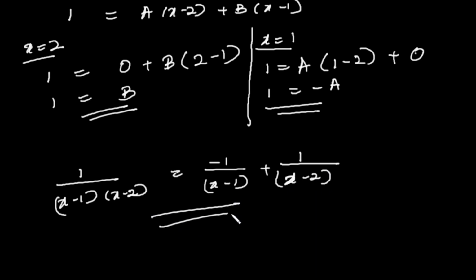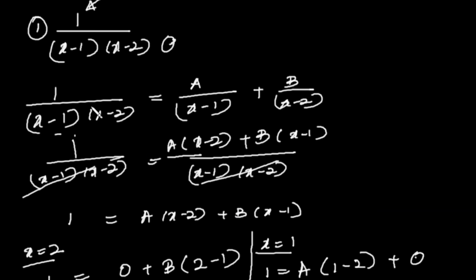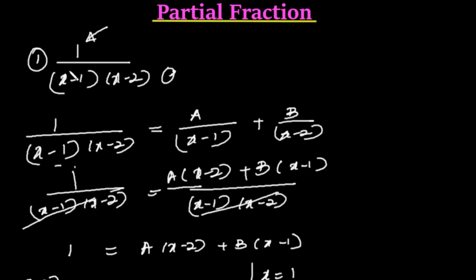So in this way you can solve this partial fraction into these two fractions. You can solve any problem like this, but please remember that the denominator should have a higher maximum power than the numerator. If you have that kind of problem, you can use this method to solve this kind of partial fraction.